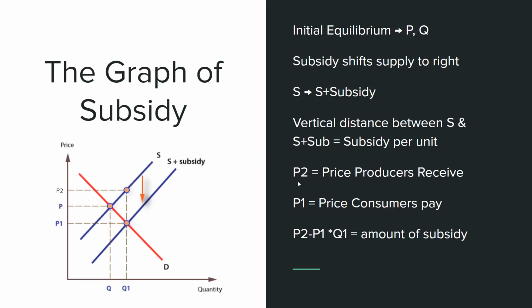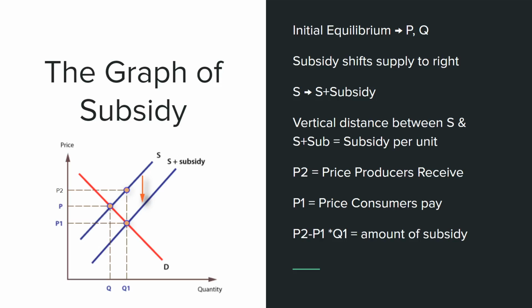So there's a few interesting things to note here. The first is that P2 is the price that producers receive. P1 is the price that consumers pay. Something that's pretty confusing for people who are new to subsidies is that they don't understand how consumers will like a product if it's more expensive than before.